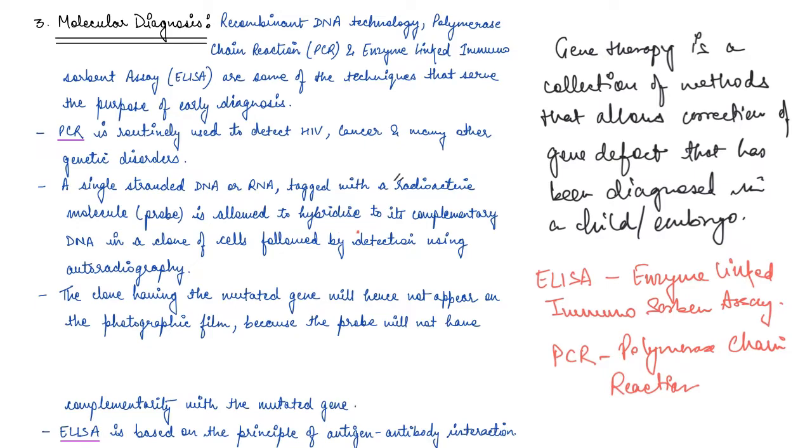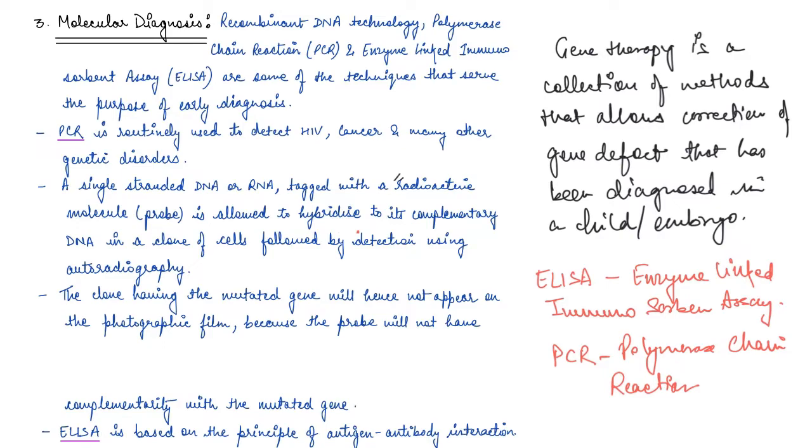So even if they don't have symptoms, but if we have even a slight doubt that the patient might have HIV, might be HIV positive, we use ELISA, which uses PCR, right? Again, PCR is also being used to detect mutations in genes. And this mutation happens in cancer patients as well, right? Then we basically use it to identify a lot of genetic disorders, right?